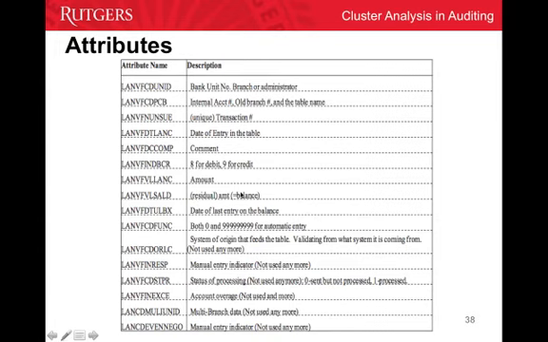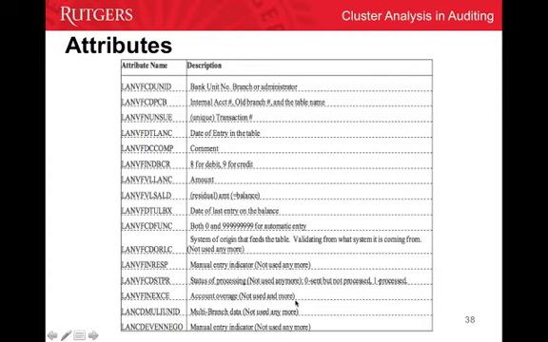While 6 of the attributes are no longer used by the bank, like this one, season of origin, and the last 6 attributes.